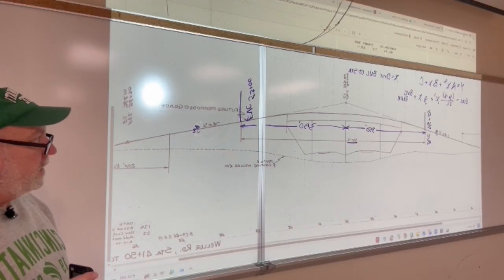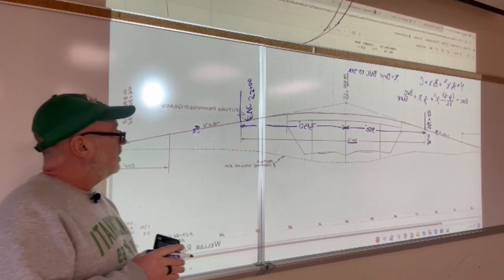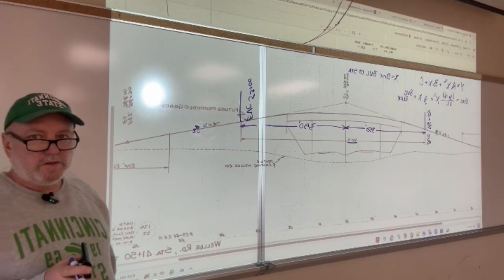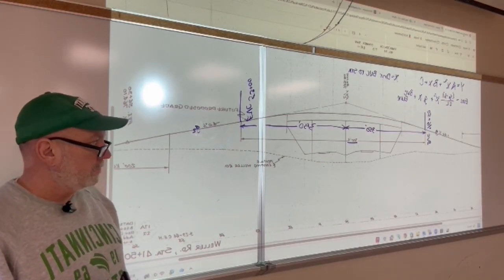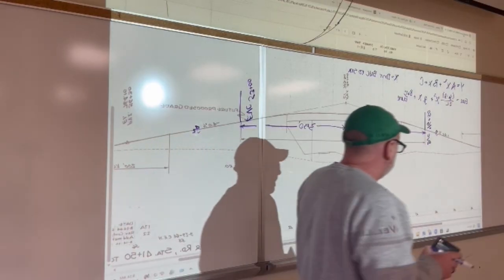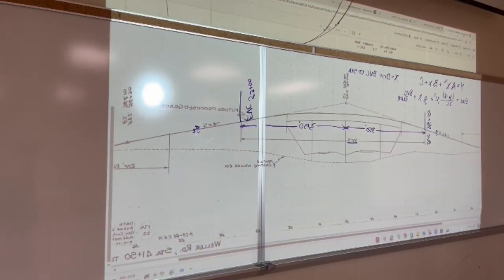What we need to calculate next would be the BVC and EVC station elevations. Anybody want to take a stab at how we do that? Do we have enough information? Can we do that? Oh, yeah.